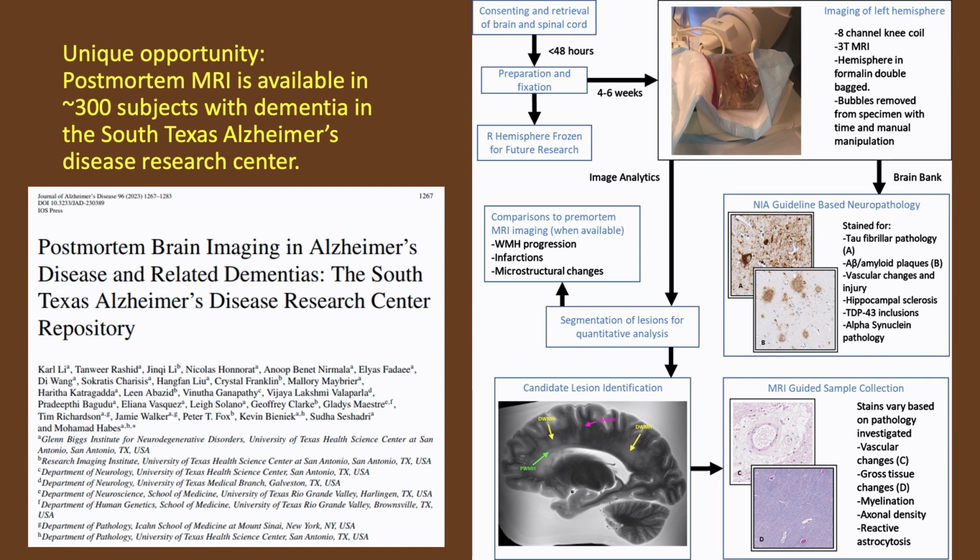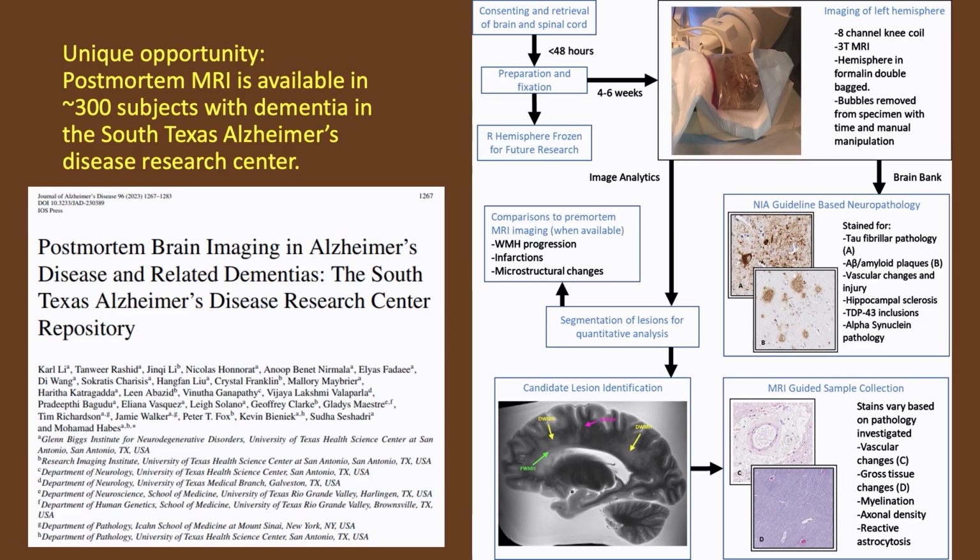Basically, our brain bank is accepting brain donations. And this is briefly the workflow of taking the brains, fixing them within 4 weeks, and then doing an IA guideline-based neuropathology, while the brain is being imaged with a post-mortem MRI protocol for 12 hours.